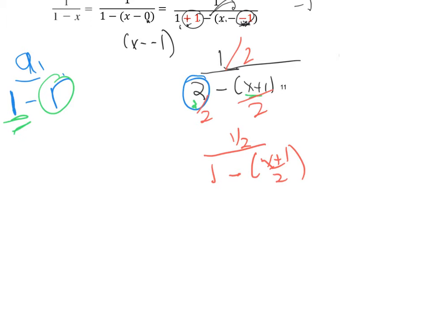I can actually start talking about a sub, my first term, a sub 1 must be a 1/2, and my r must be x plus 1 over 2. You see where I'm going with this?